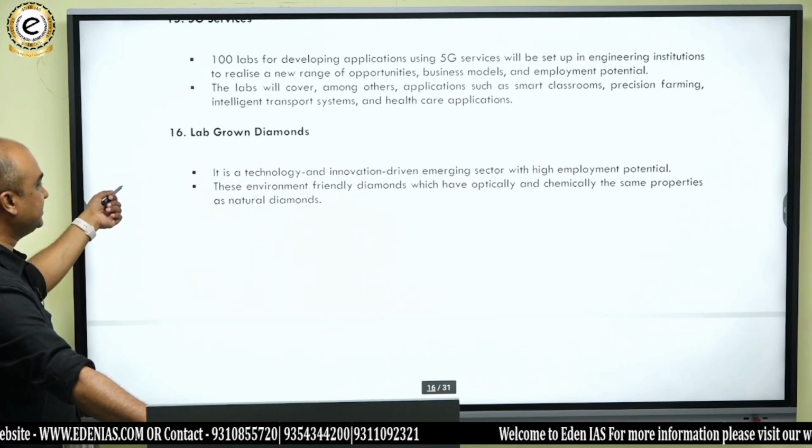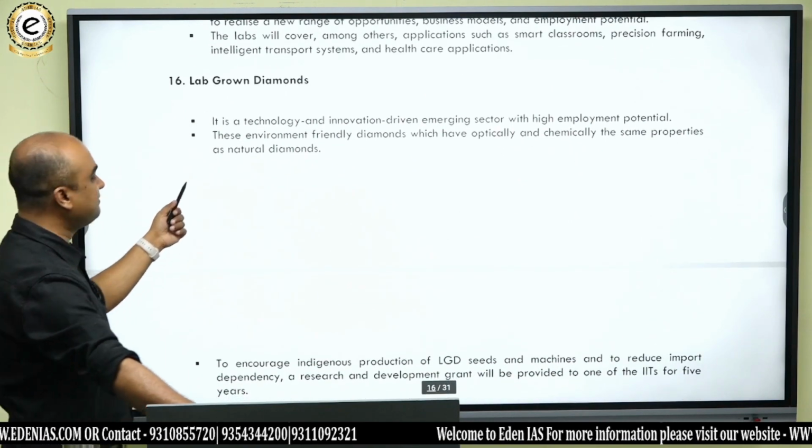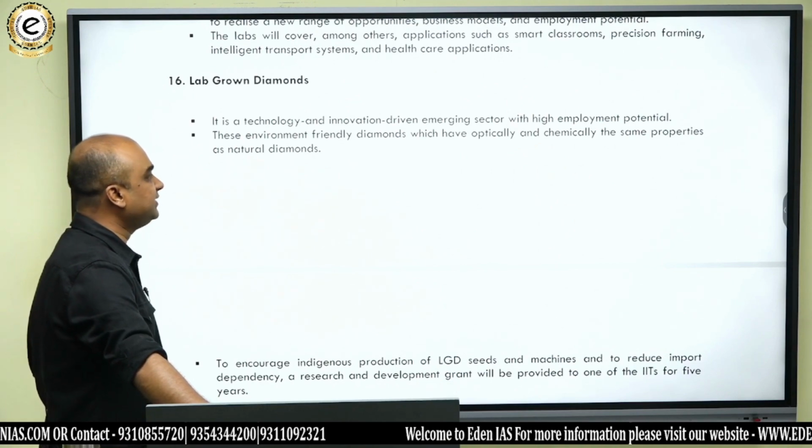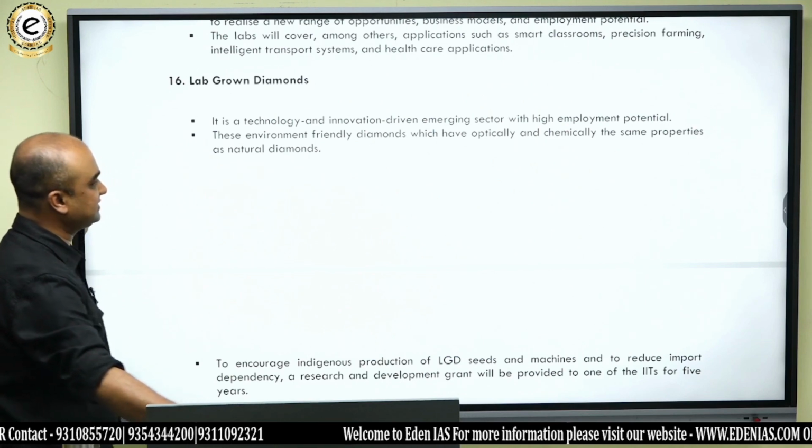Lab grown diamonds. It is a technology and innovation driven emerging sector with high employment potential. These environment friendly diamonds which have optically and chemically the same properties as natural diamond.